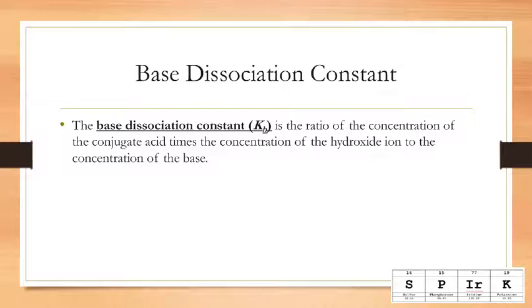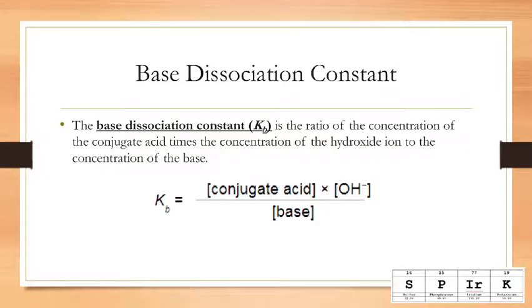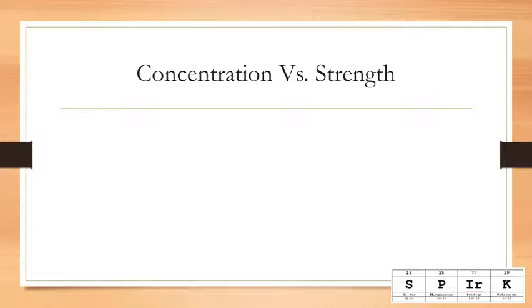The base dissociation constant, or Kb, is the ratio of the concentration of the conjugate acid times the concentration of hydroxide ion to the concentration of the base, which again is just the products over the reactants. Weak bases also have small Kb values, which means that strong bases have high Kb values.